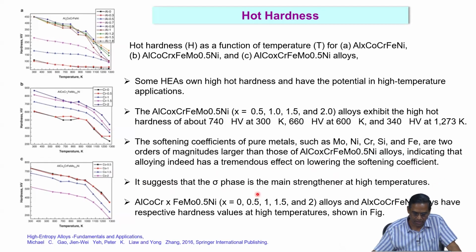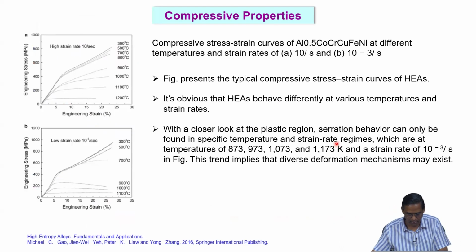It suggests that the sigma phase is the main strengthener at high temperatures, which we have already seen in the previous slide. And the aluminum, cobalt, chromium, iron, moly, nickel alloys and aluminum, cobalt, chromium, iron, nickel alloys have respective hardness values at high temperatures shown here. These two alloys have pretty high hot hardness at different temperatures.